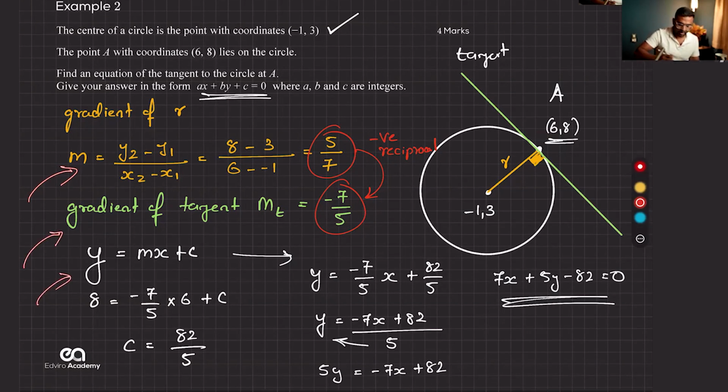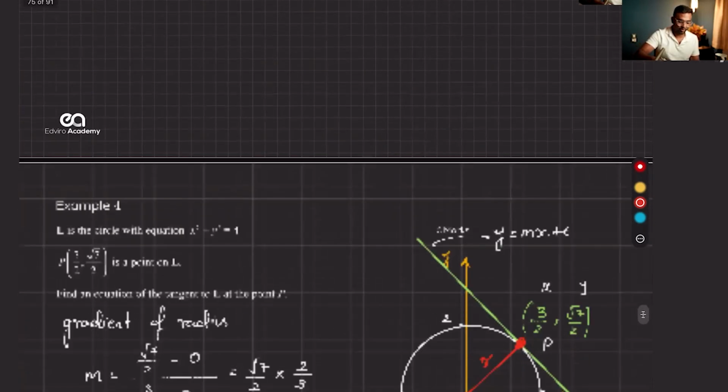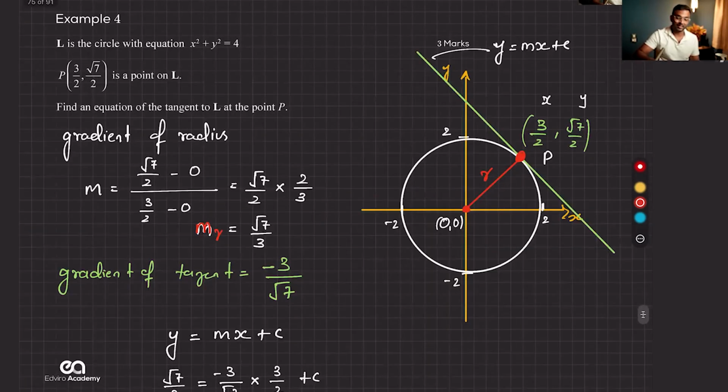We replaced it. We worked out the value of c. We found the equation. The question was given to you in a different way. Now, the same question is worded differently, with the equation of a circle now given to us, a point on the circle, everything has changed. But the working out is exactly the same thing.